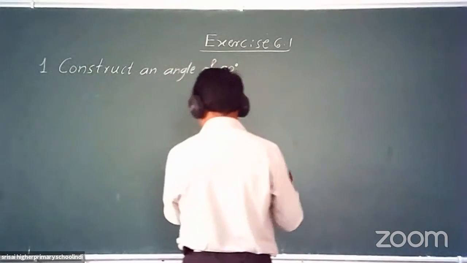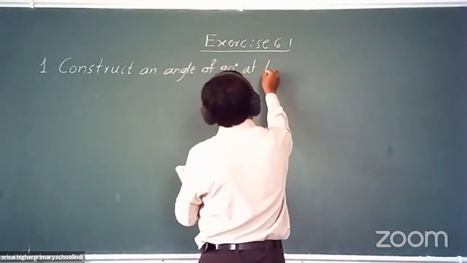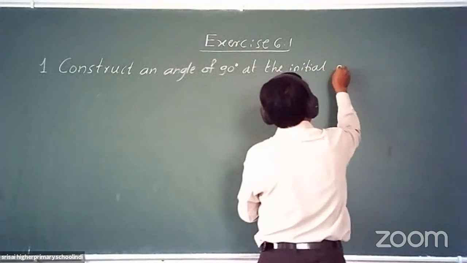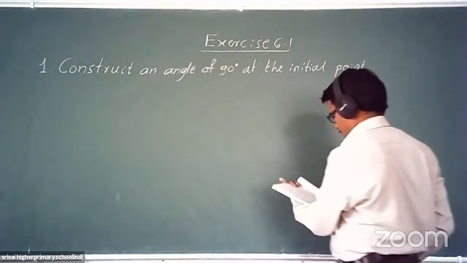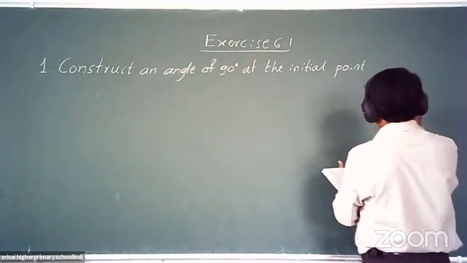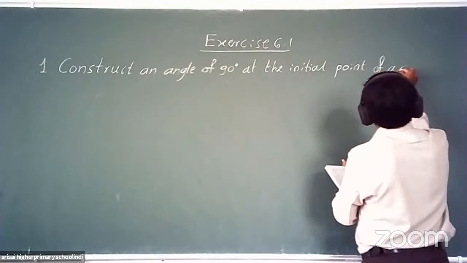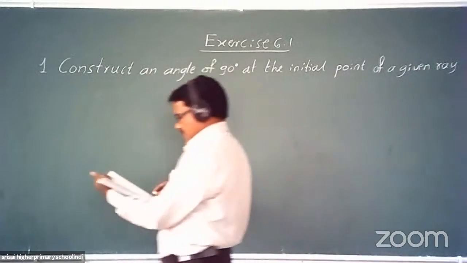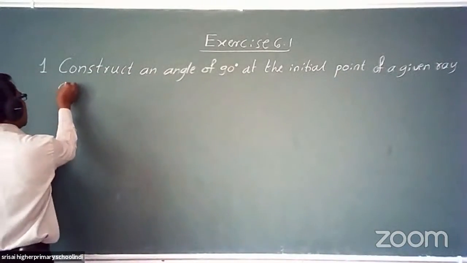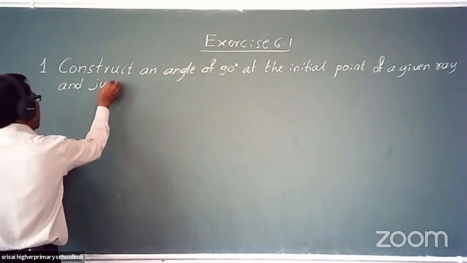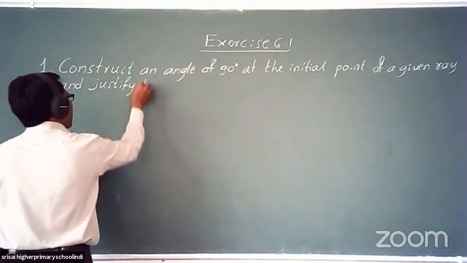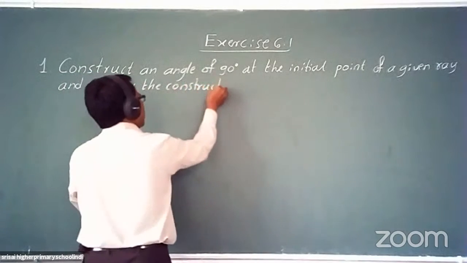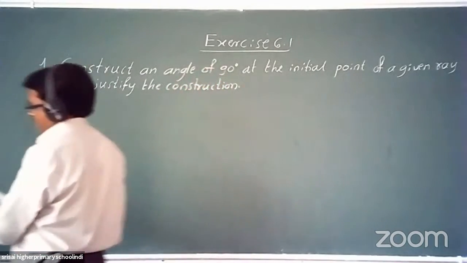Construct an angle of 90 degrees at the initial point of a given ray and justify the construction.